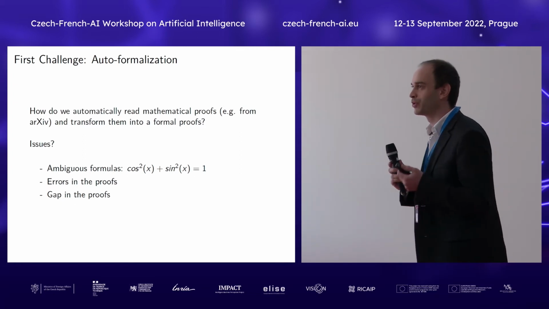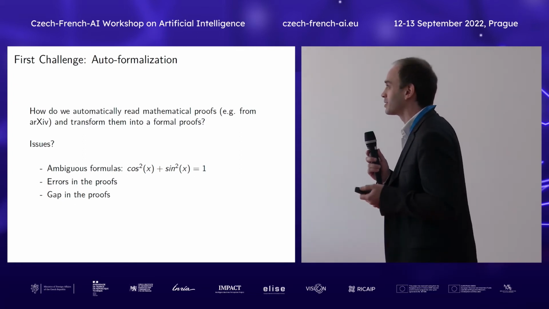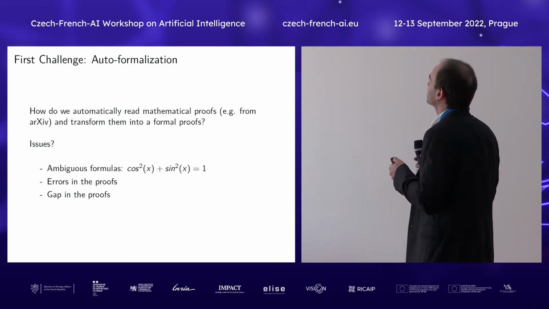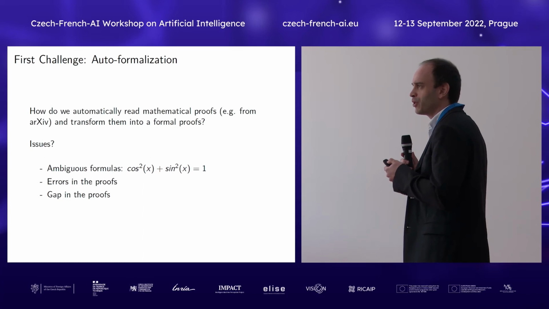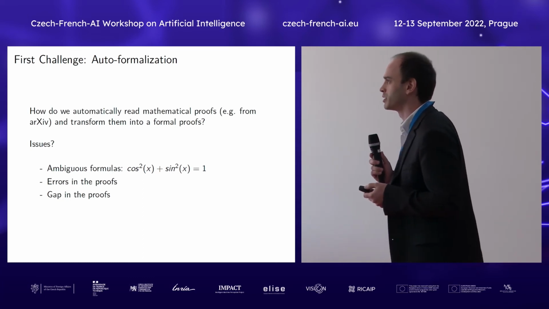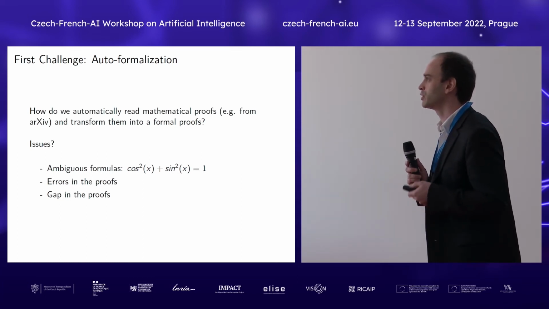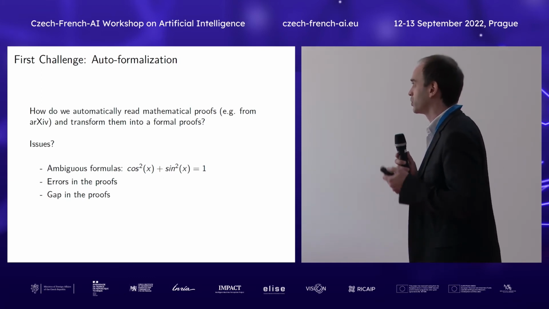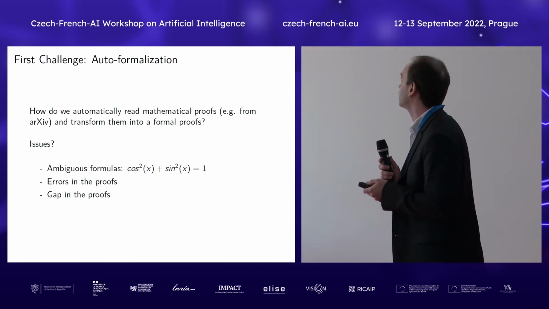So you would want to have the exception in this case that it is a notation. Or you could ask, what is x? Is it a complex number or a real number? So I have many choices here. All these choices have to be inferred automatically and have to be correct with respect to the context in which the proof was made.